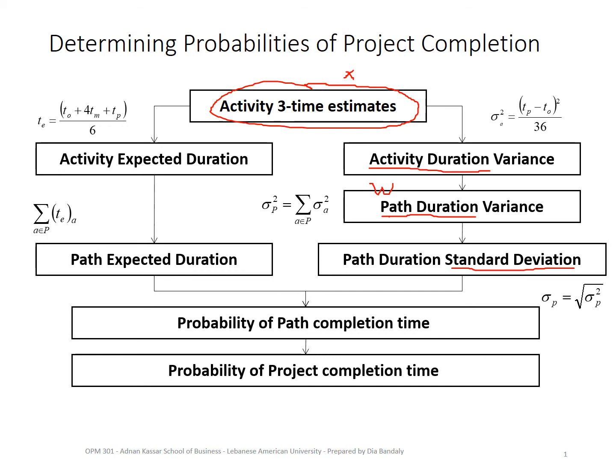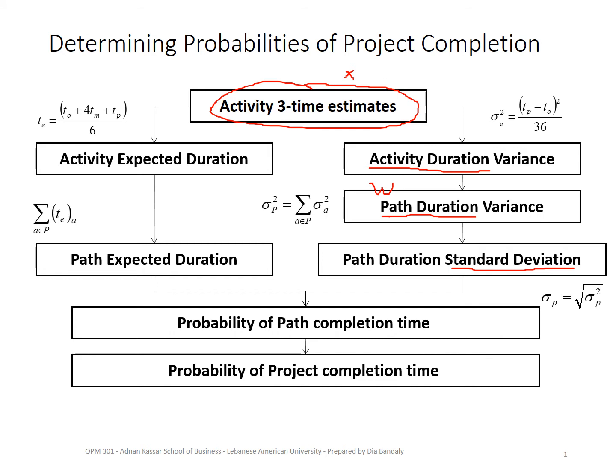For example, if we have a project with 4 paths, path 1, 2, 3, 4, and the question is: what is the probability that the project will be completed within, let's say, 13 weeks? So we find the probability of path 1 finishing within 13 weeks, and path 2, and path 3, and path 4, and we multiply these probabilities.